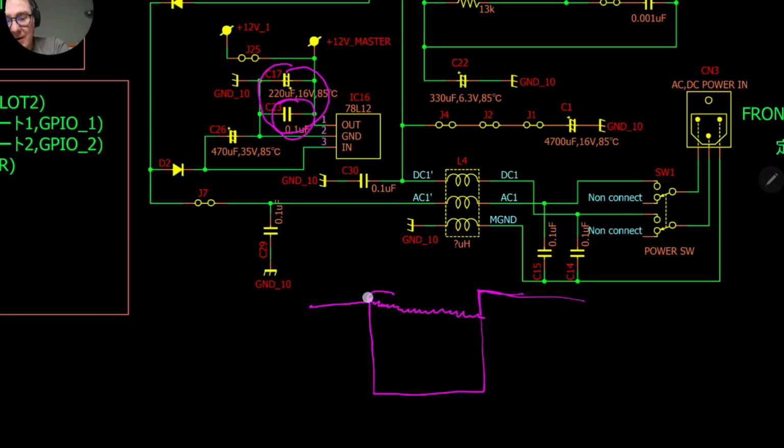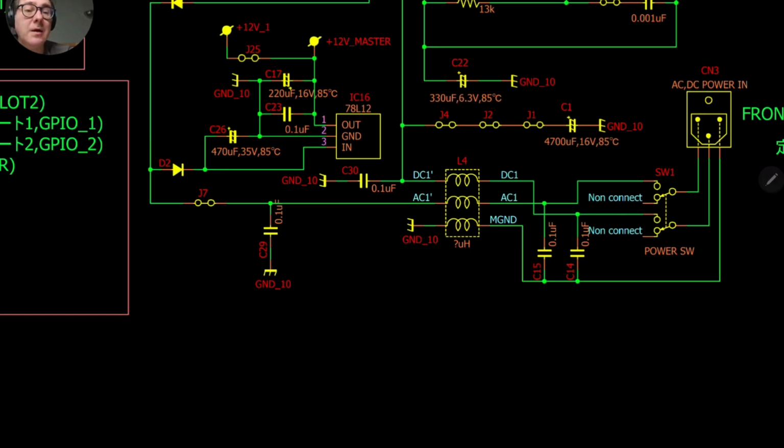These variations, these high frequencies, you don't want them. So if you put this small ceramic capacitor between ground and output, these variations will go through the capacitor to ground. So instead of something that goes like this, you'll have something that goes like this. So it's just to stabilize the signal.